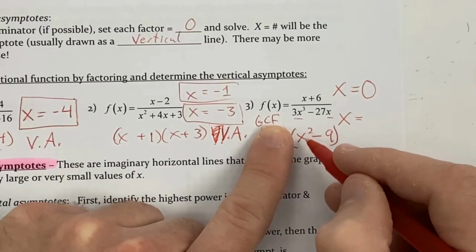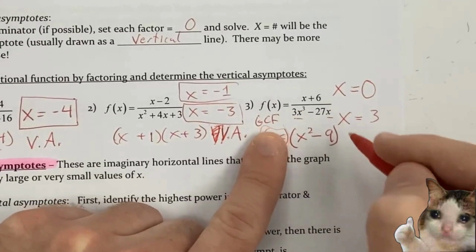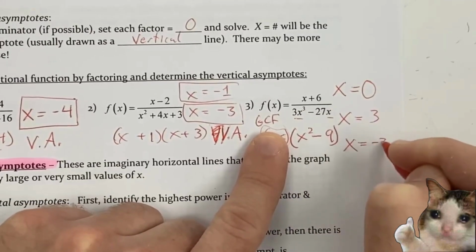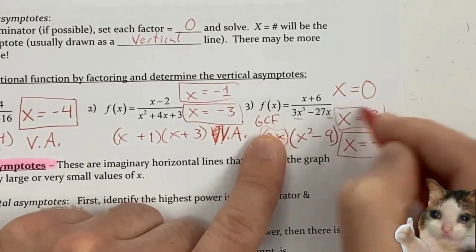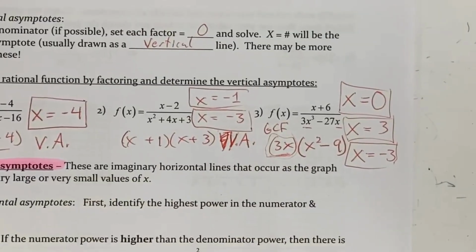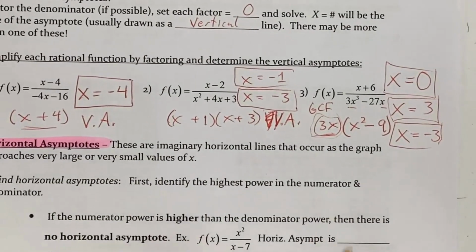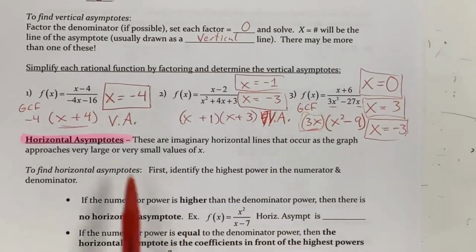Hopefully you could solve this and find 3. X equals 3. 3 squared is 9. 9 minus 9 is 0. But also -3. So be on guard for the positive and the negative, especially if there's a squared minus term like that. That's vertical asymptotes in a nutshell. It's that easy.